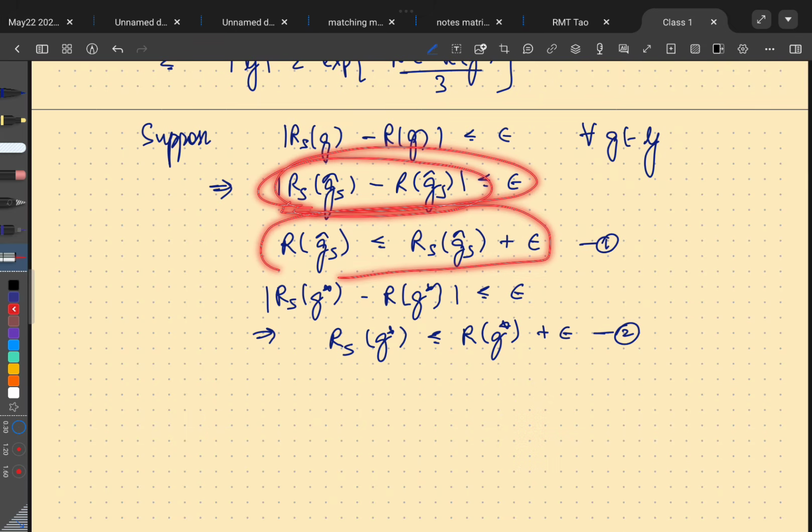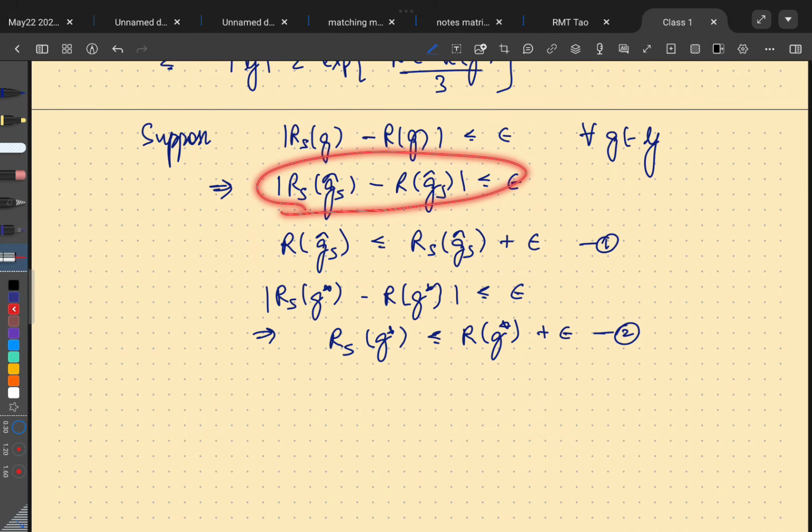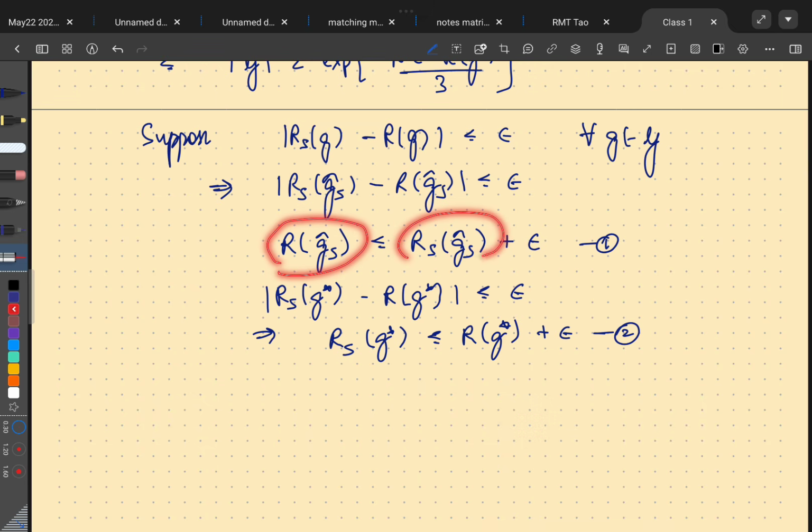All right. So this means that R of G S is between R S of G S hat plus or minus epsilon. That's all, right? Okay. So now I know that R of G S hat is less than or equal to R S of G S hat plus epsilon.